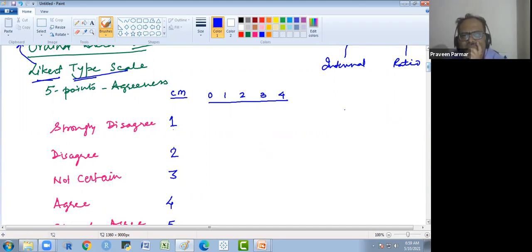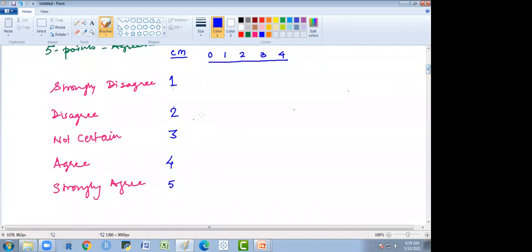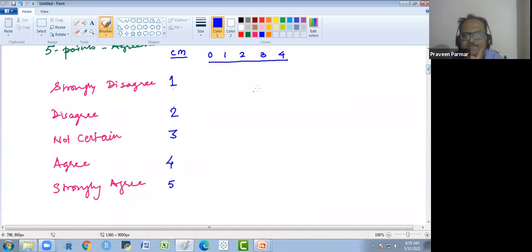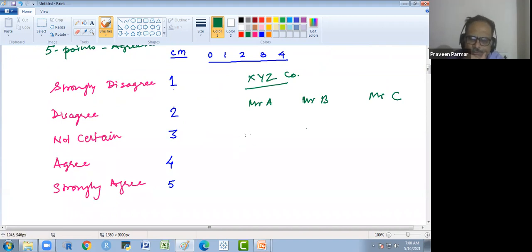So let me give one example of why this difference is not the same. Suppose there is a company XYZ, where 3 employees work on the same post: Mr. A, Mr. B, and Mr. C. Management decided to give them an increment of rupees 3,000 in their monthly salary.